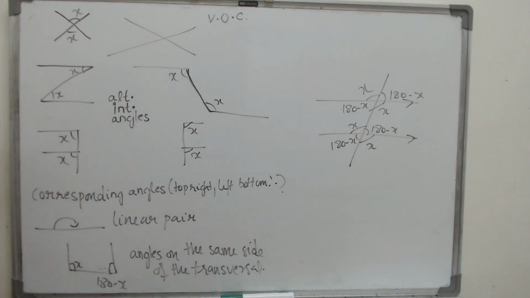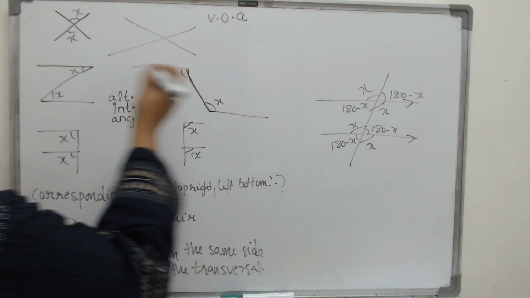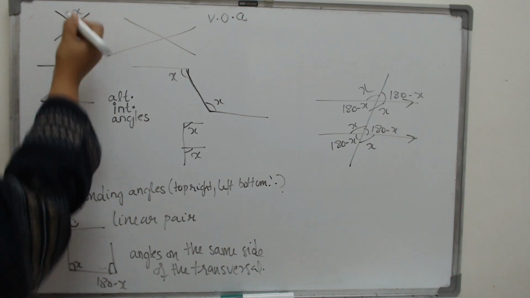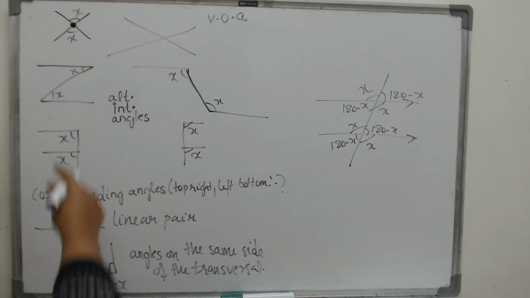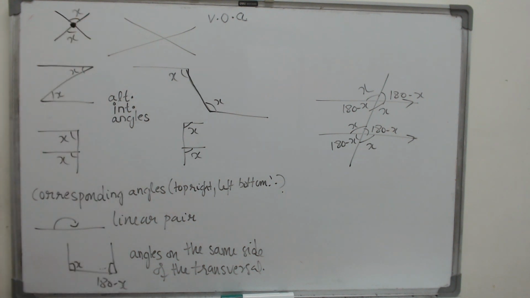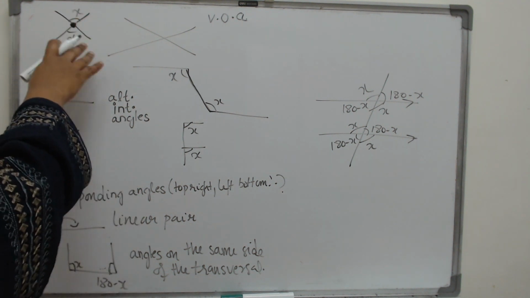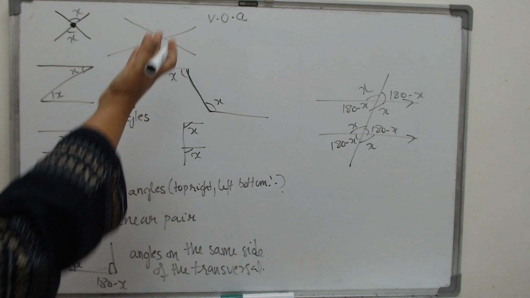But how do you find? The first one is vertically opposite angles. What do you mean by vertically opposite? Look at a vertex. It lies on the opposite sides, vertically opposite. Remember the English alphabet X. It does not have to be perfectly X. It can even look like this.